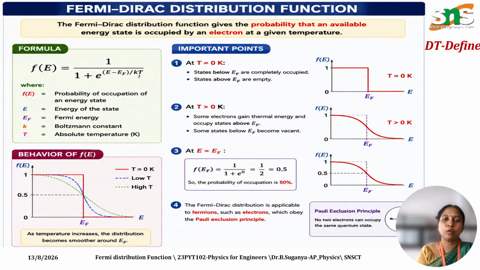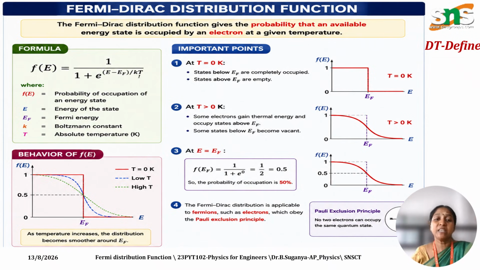At T equal to 0 Kelvin, what happens? The states below EF are completely occupied and states above EF are empty. That means above the Fermi energy, it is totally empty. Next, T greater than 0 Kelvin: some electrons gain thermal energy and occupy states above the Fermi energy level, and some states below EF become vacant.